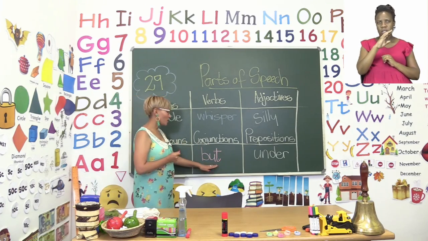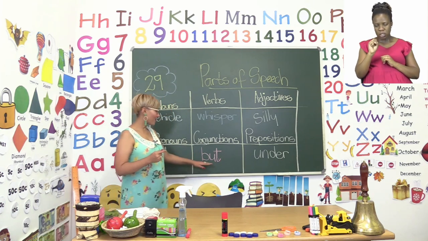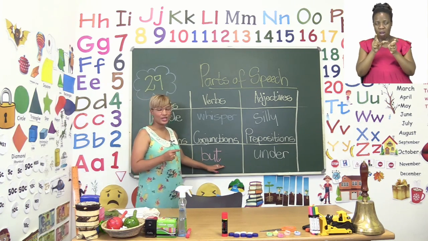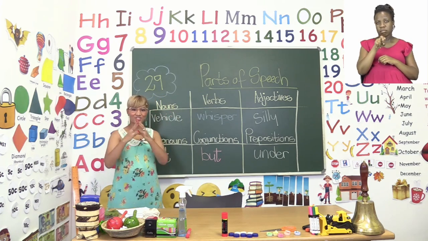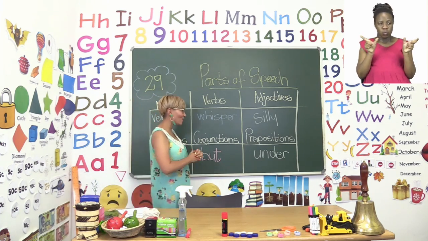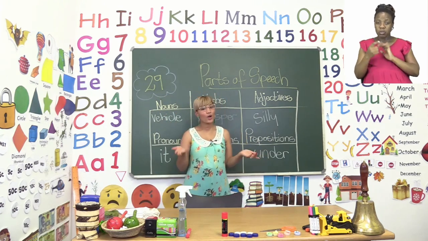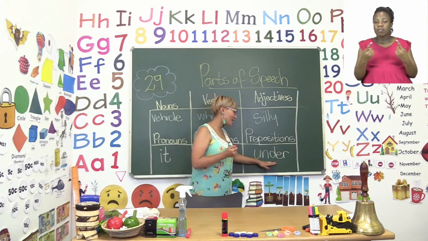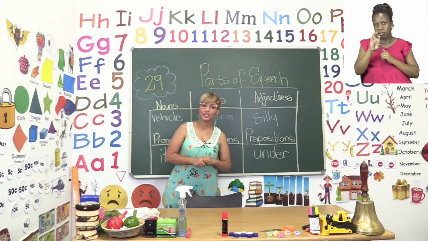Then we have conjunctions, remember, joining words. Here we have the example, but. You can use the word but to join two sentences together. And lastly, a preposition, a word that tells us where something is. It could be under, and that is your example for prepositions.